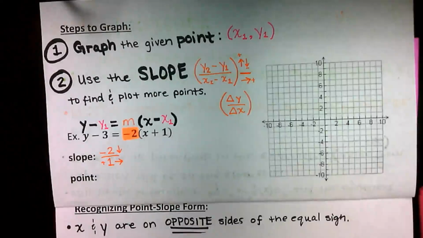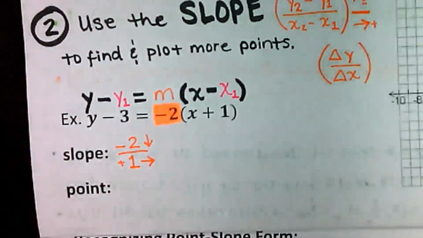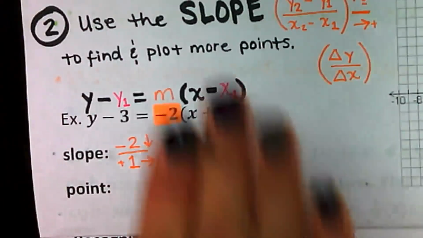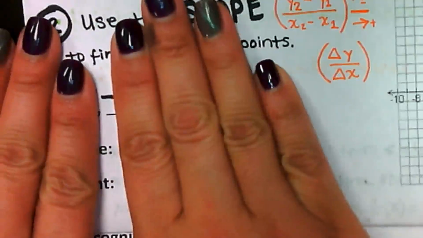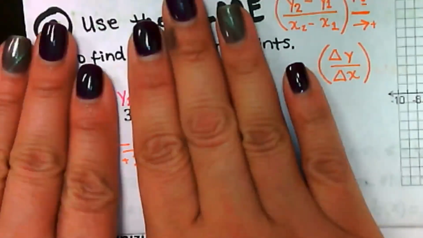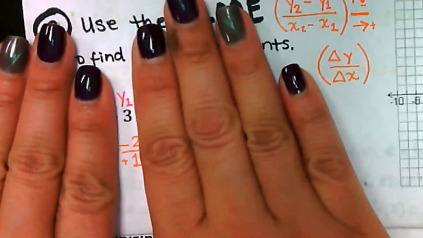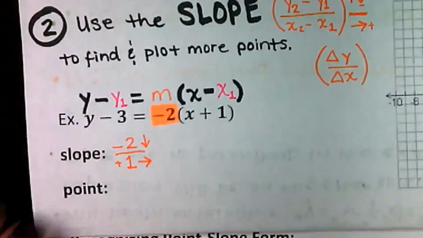Now, the reason I wanted you guys to do this is because I want you to see it lined up. Okay, so let's maybe zoom in for my blind little bats. There we go. Okay, so y minus, y sub 1 is lined up with 3.